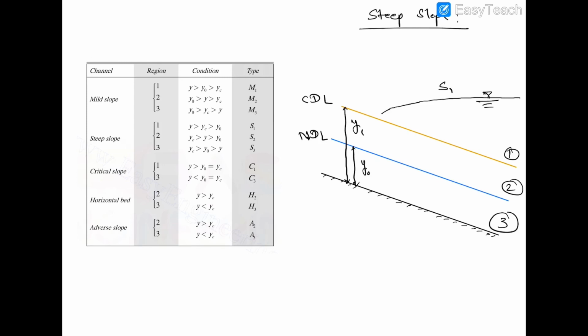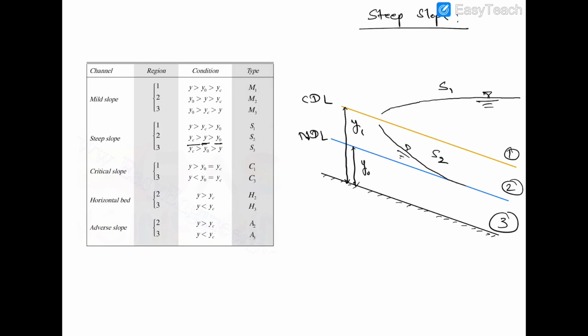In region number 2, the depth of flow should be greater than Y0 and less than Yc. In region 2, the GVF profile has decreasing water depth, and when it approaches the NDL it becomes tangential. So this will be the shape of the S2 profile.